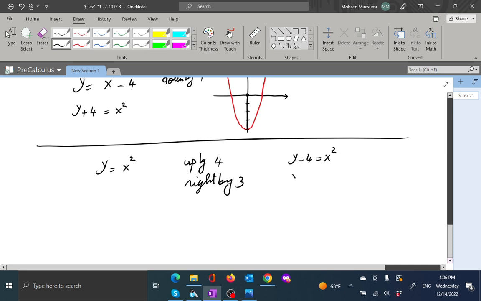Right by 3, it means that for x, you have to subtract 3 from it before you square it. Now if you simplify this, you get y is equal to x minus 3 squared plus 4.